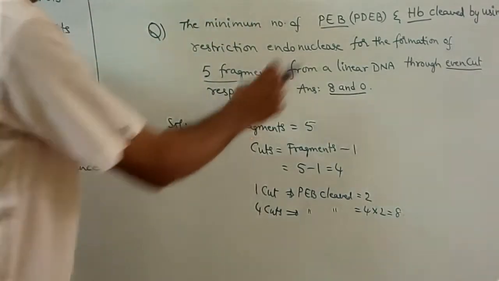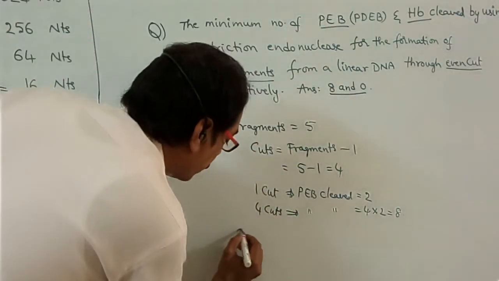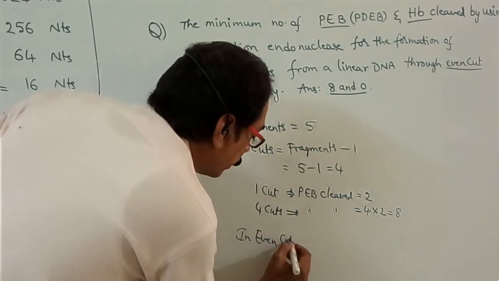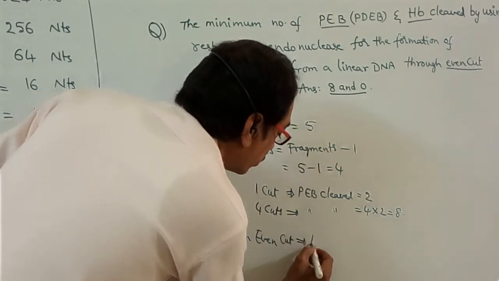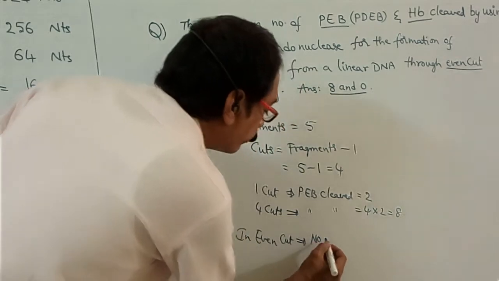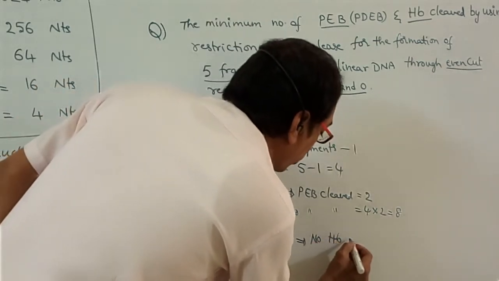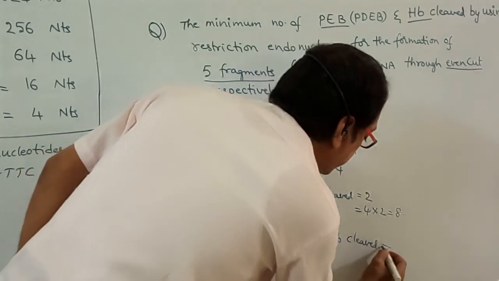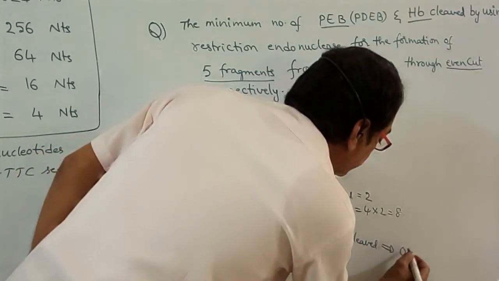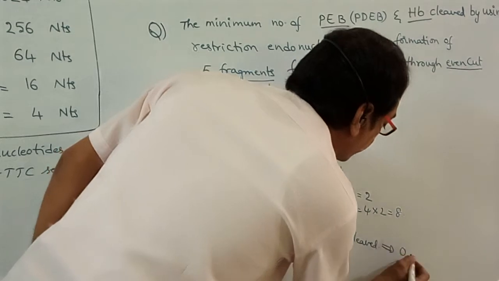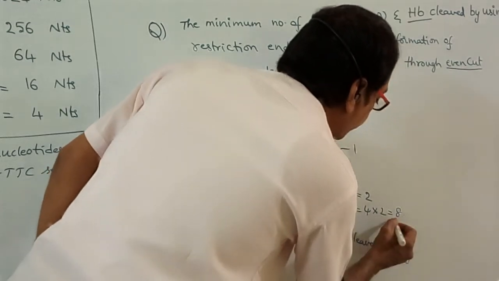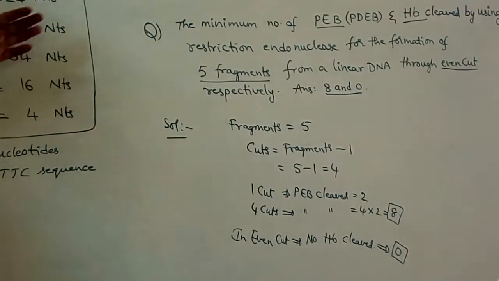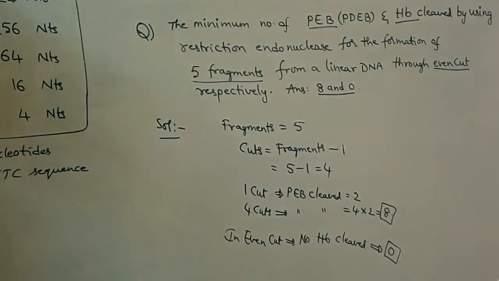Okay. Now how many hydrogen bonds are cleaved? In even cut, no hydrogen bonds cleaved. Therefore, 0. Okay, please note down all these points, my dear students.